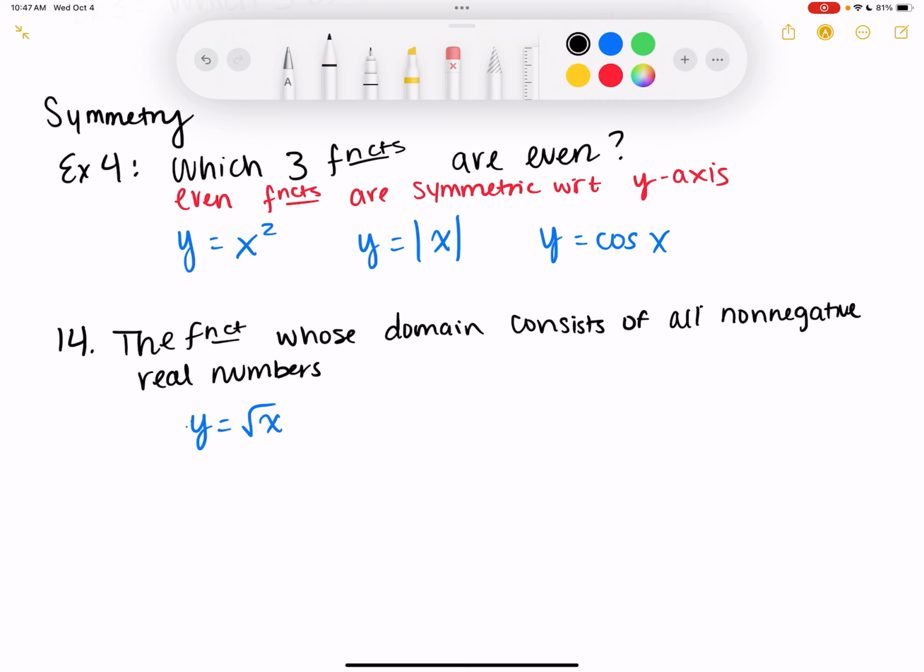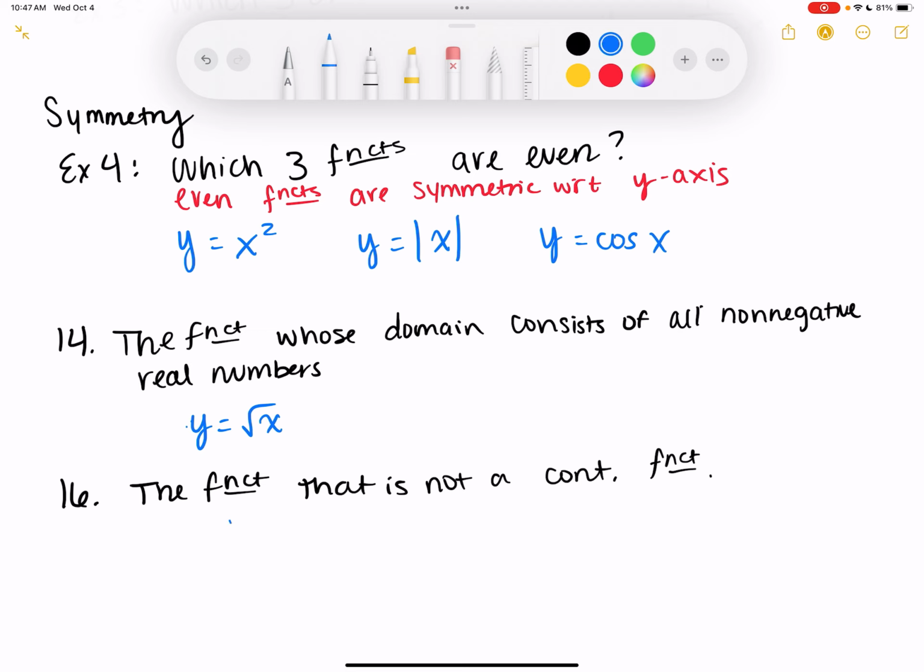All right. 16. The function that is not a continuous function. Do you want to do this one, Riley? Greatest integer function.